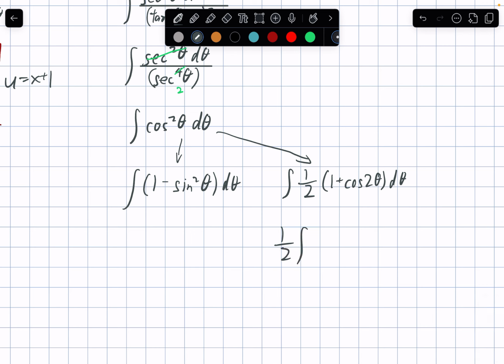So 1 over 2, put the constant outside. Actually, let's just distribute.